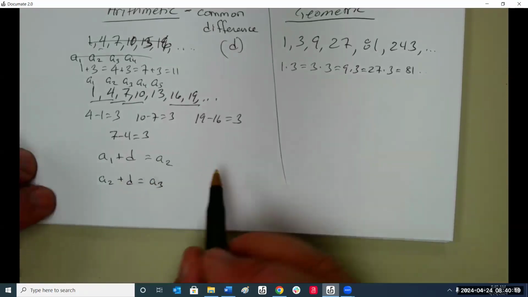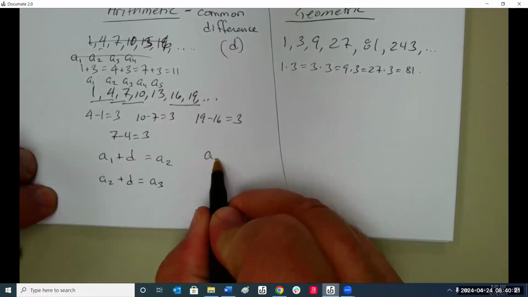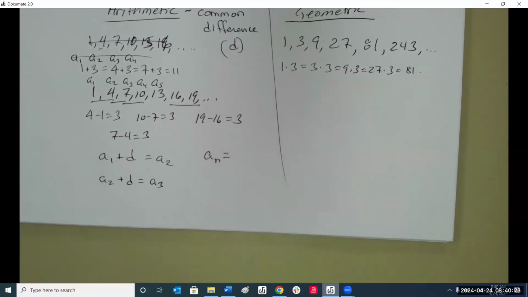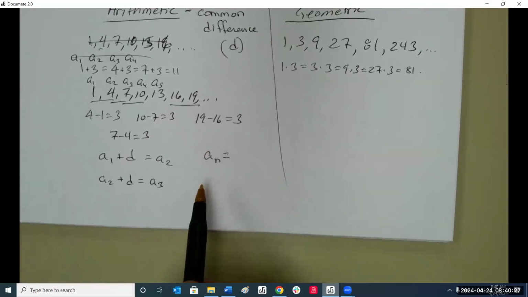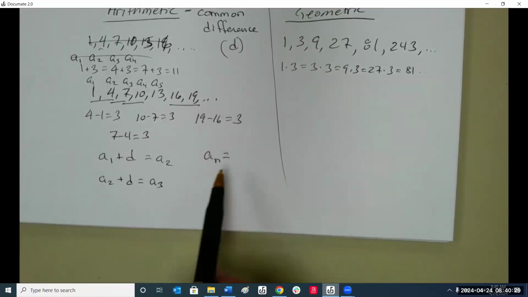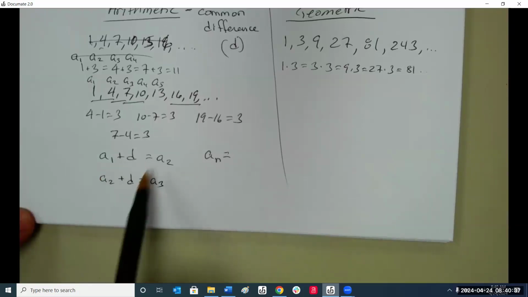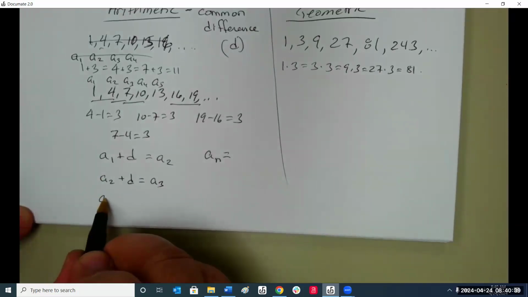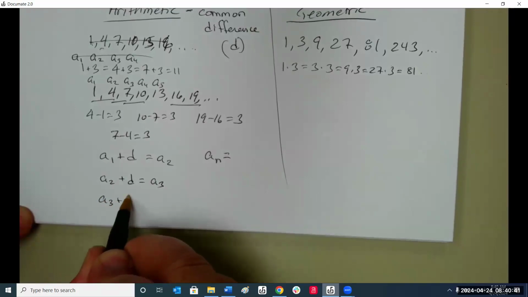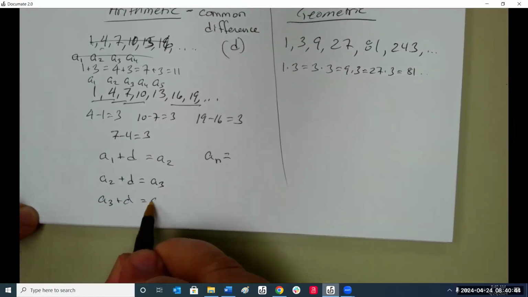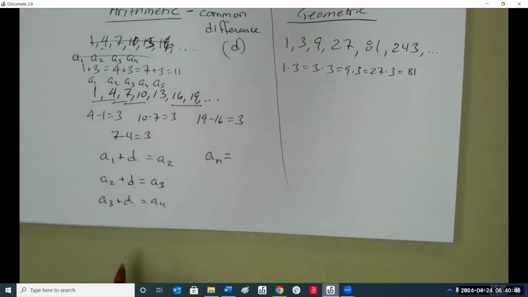But how do we write our general rule? Because a sub n tells me, I can ask you now, what is the 47th number? What's a sub 47? If you look at this, each one of these is based on the one before it.